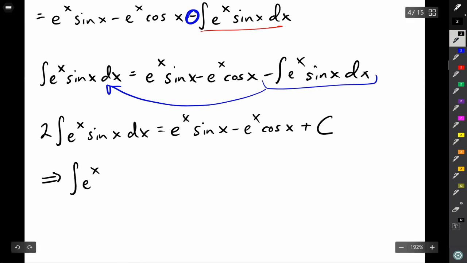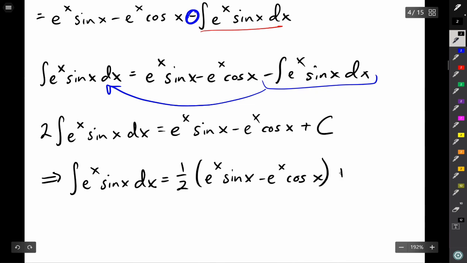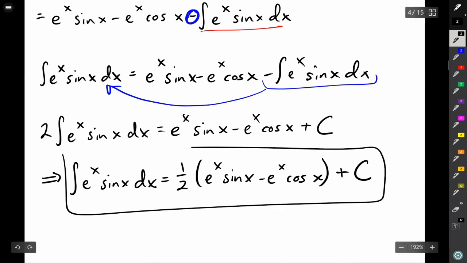So we get the integral of e to the x sine x dx equals 1/2 times e to the x sine x minus e to the x cosine x. And then again, we're just going to leave that plus c on the outside because dividing c by 2 doesn't do anything. And there we go. That's it.